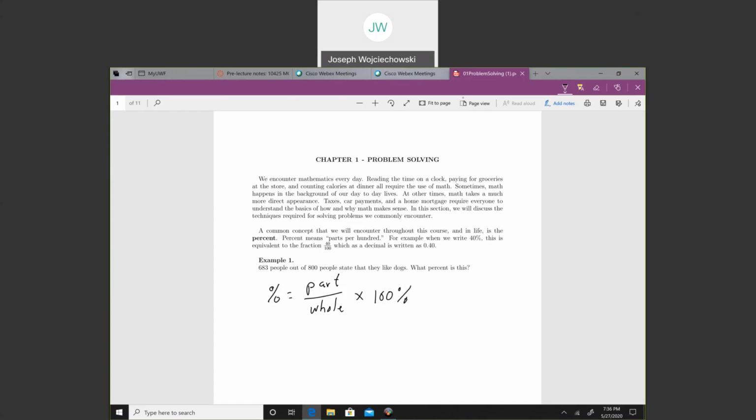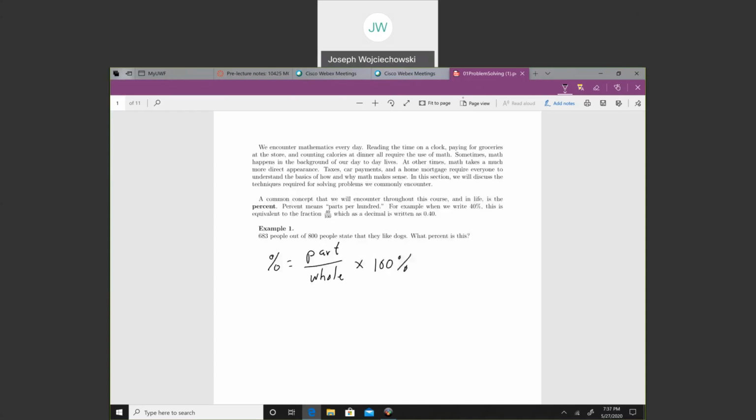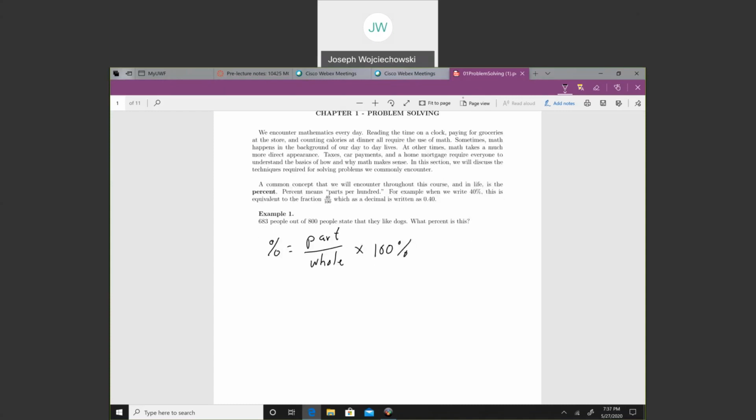Now let's look at this first example here. 683 people out of 800 people state that they like dogs. What percentage is this? Well, the part is 683 and the whole is 800. Multiply that by 100%.